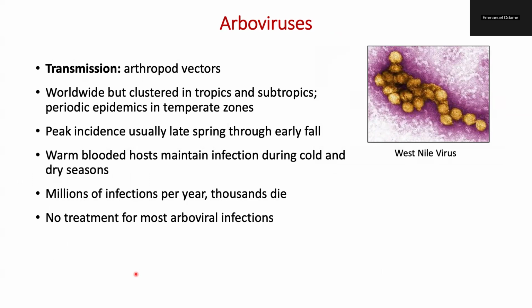They've been known to have peak incidence usually from late spring through early fall. They are mostly present in warm-blooded hosts to maintain their infection during the cold and dry season. As we all know, it's very hard for viruses to stay active and alive, mostly around living hosts. They need them to be able to survive.